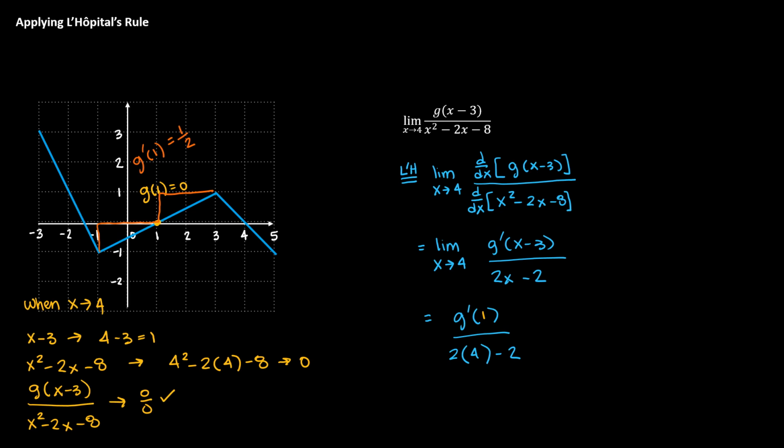Plugging that into our limit from L'Hopital, we get 1/2 on top, 8 minus 2 on bottom. That's the same thing as 1/2 divided by 6, which turns into 1/2 times 1 over 6, which is 1/12. And so that would be how we evaluate a limit with L'Hopital's rule when all we have is an image of the function.